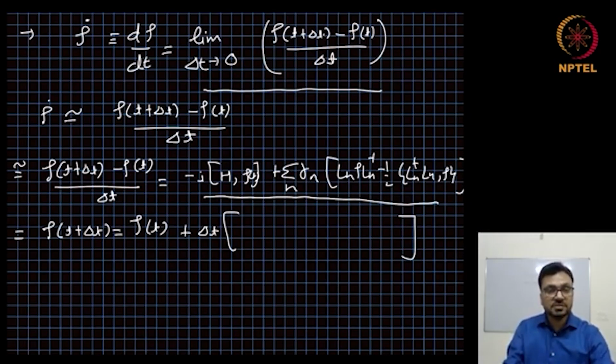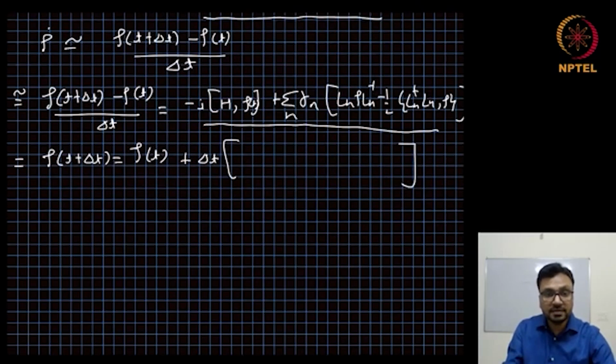Let me repeat. First, we replaced the time derivative with the finite difference derivative, and then we write rho of t plus delta t in terms of rho of t and delta t. The right hand side can be written as rho of t plus minus i delta t [H, rho of t].